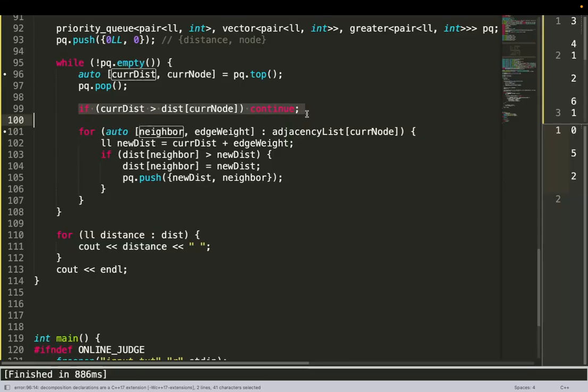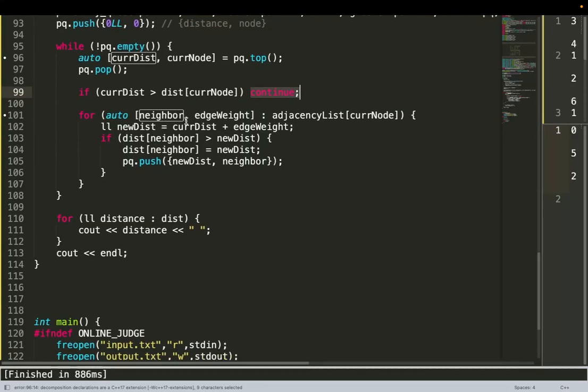If you don't write this, you might get TLE, because the test cases given in the CSES problem set are very tight. So if the current distance is greater than whatever is the minimum distance to reach that particular node, you simply continue. If not, just go over all the adjacent or neighbor nodes for the current node.